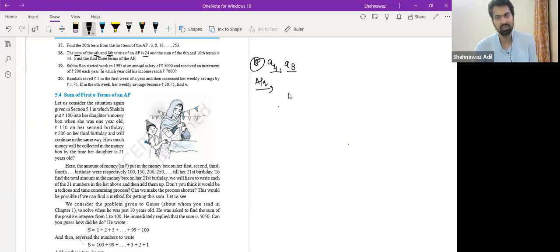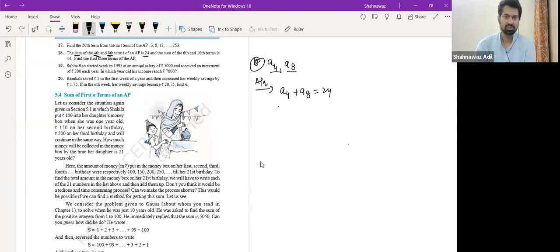So how can we write this information? A4 plus A8 is 24. Right. This is given.